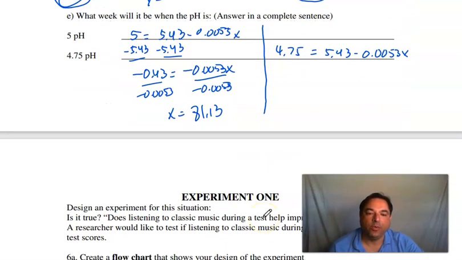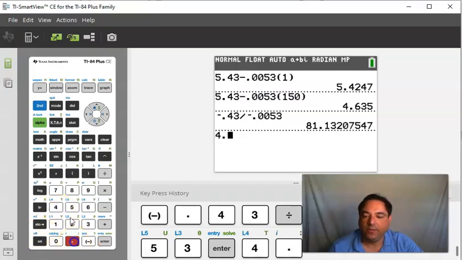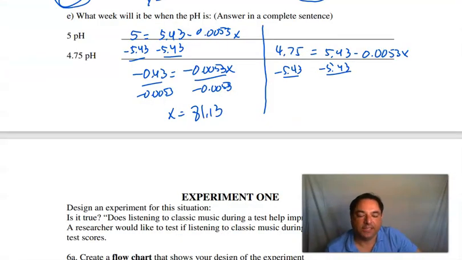And then for the second one, same algebra, we would subtract 5.43, subtract 5.43. 4.75 minus 5.43 gives you negative 0.68 equals negative 0.0053x.